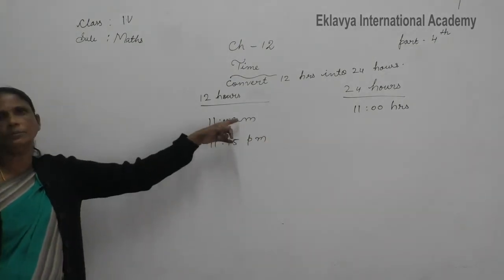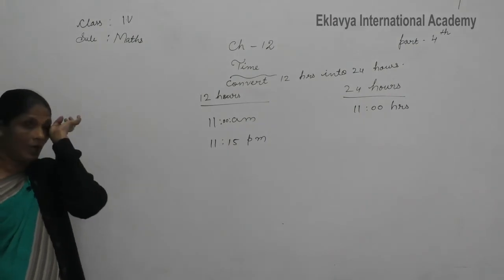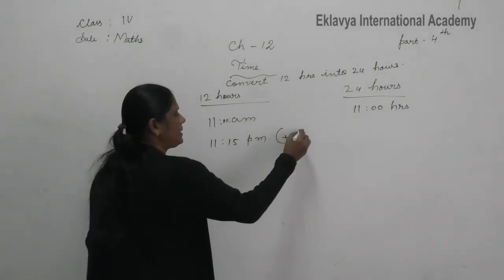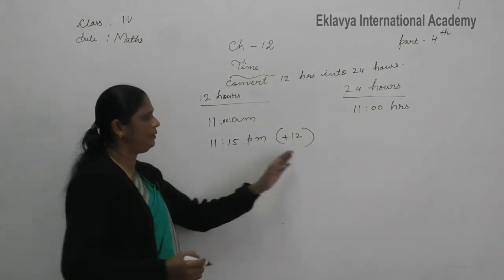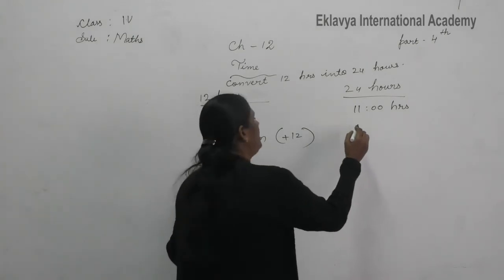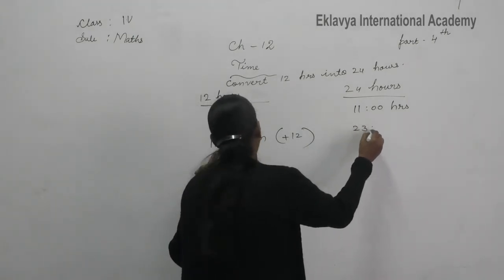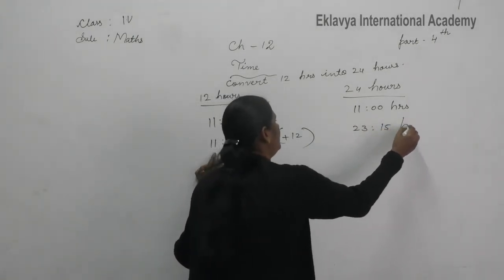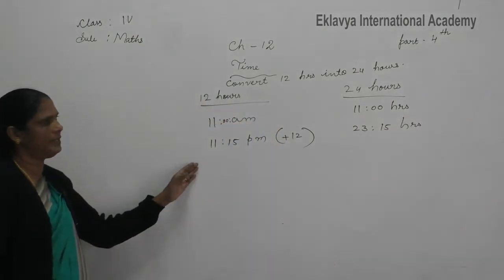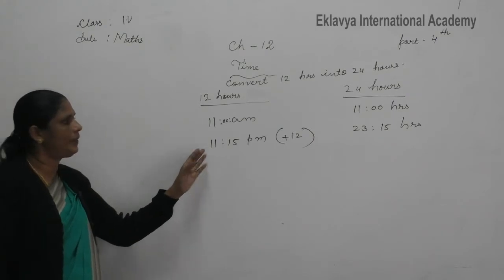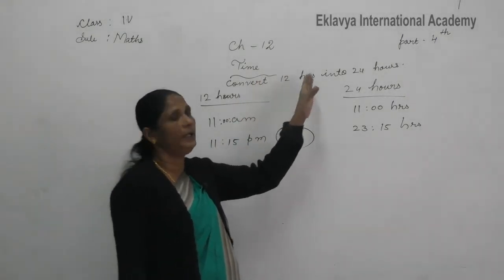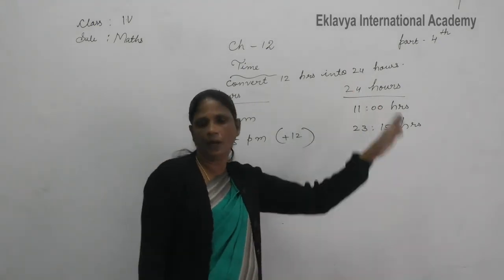Here AM comes, here PM comes. You add 12 hours. Then you write 12 plus 11, that is 23:15 hours. Now you understand how to convert 12 hours into 24 hours.